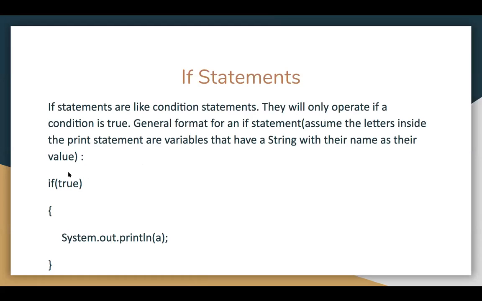So if true, and then curly brackets, System.out.println A. What this means is, at first I just programmed it to be true, but in between the parentheses, you can put anything that evaluates to a Boolean.